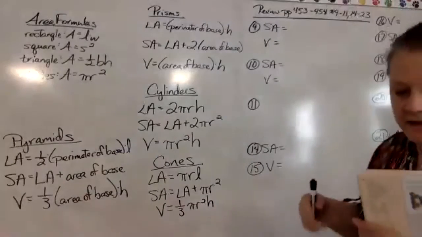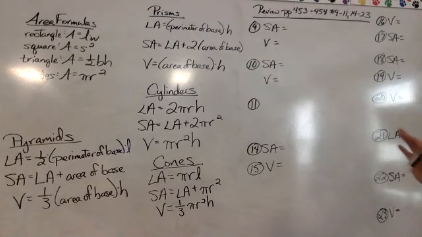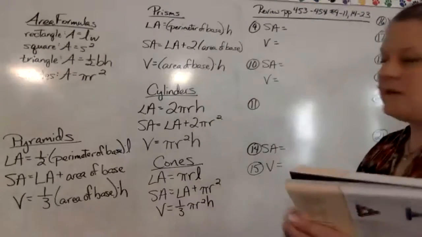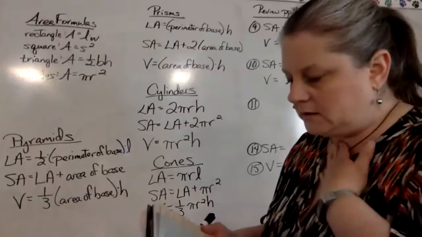So looking at this, for number 9, number 10, it says find the surface area and the volume. So I've already put my SA and V, surface area and volume, and what I'm looking for on here.